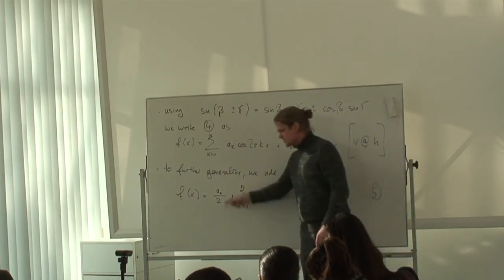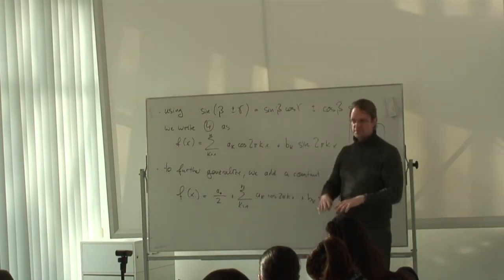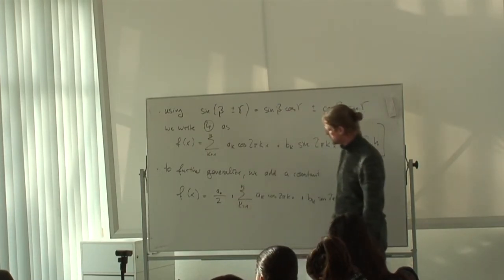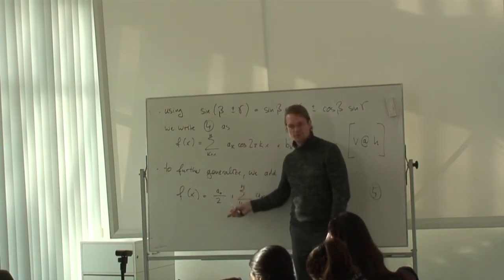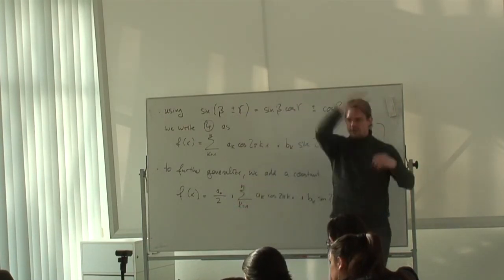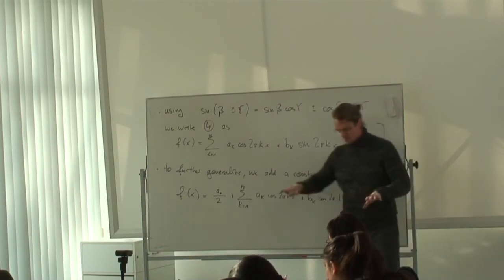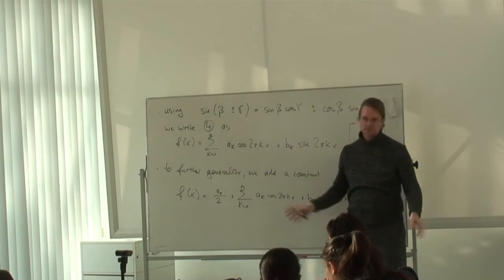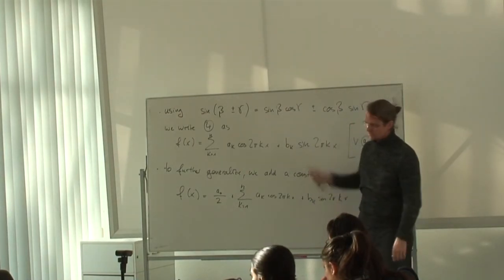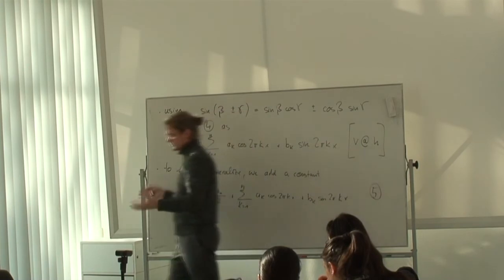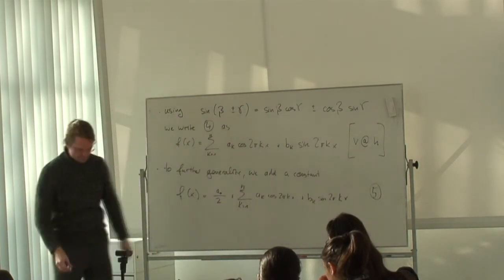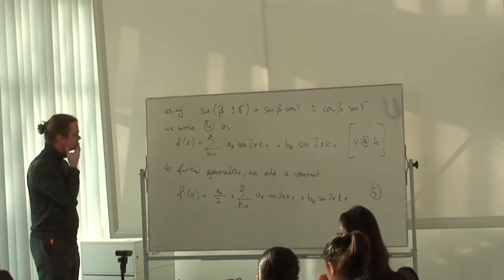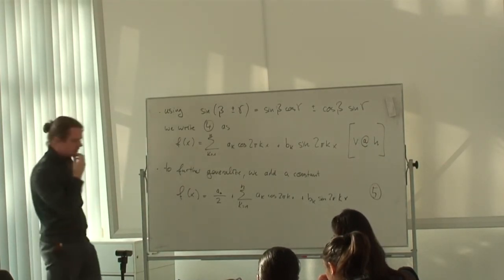And to make it even more general, we also allow for an offset term. And for reasons that will become clear later, I'll define it as a naught over 2. Right? And now we have fairly wiggly periodic functions that may be somewhere high above the x-axis, somewhere way below the x-axis. This is how periodic functions should look in general. Okay, good. And now things will become wild.